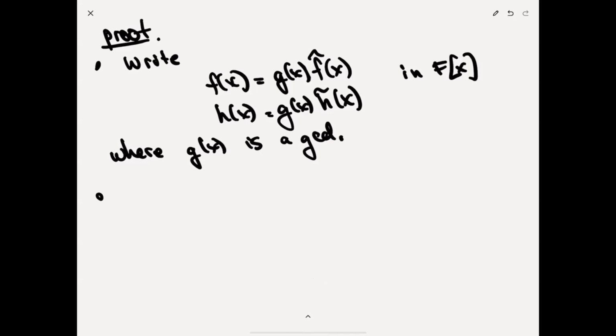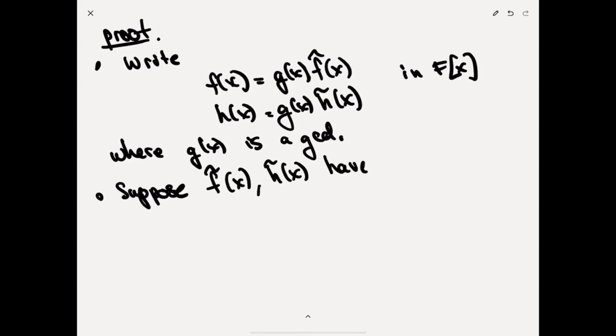All right. So now we're going to derive a contradiction. So suppose that, say, f of x and h of x have a common factor. So suppose these tilde versions have a common factor.